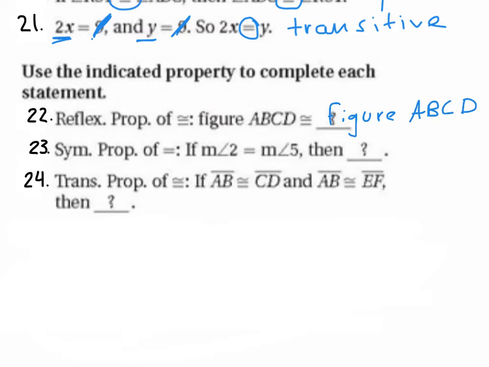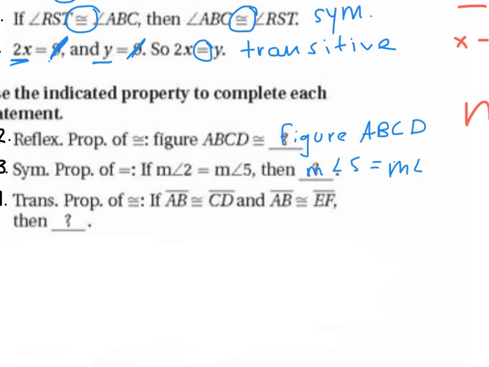Symmetric property of equality we're going to use in 23, which says if the measure of angle 2 is equal to the measure of angle 5, then the measure of angle 5 is equal to the measure of angle 2. So in the symmetric property, we just flip. So if we have 2 is equal to 5, we change it to 5 is equal to 2.